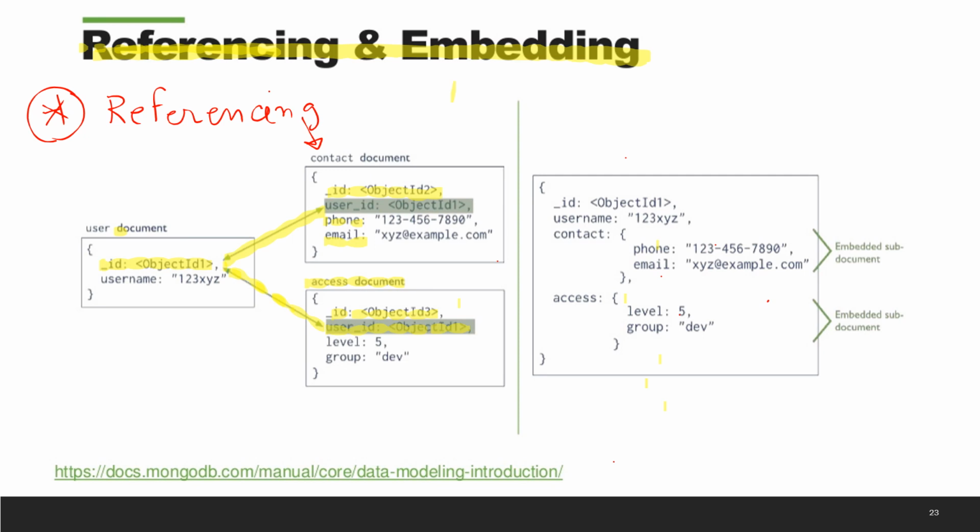It can be any document that uses this referencing mechanism, but the idea is that it must refer to the document ID, the global document ID, which is unique within the database. Then on the right-hand side, have a look at the right-hand side. This one follows the embedding mechanism.